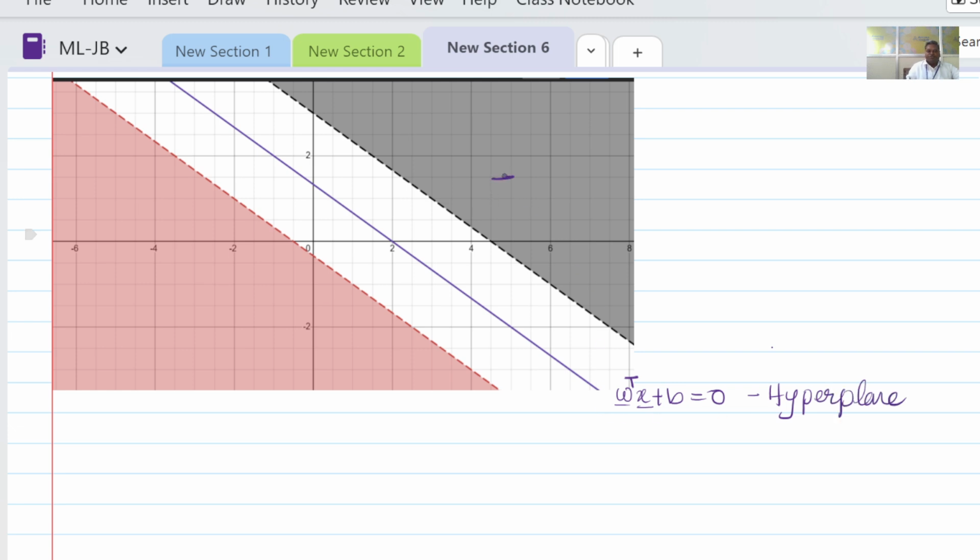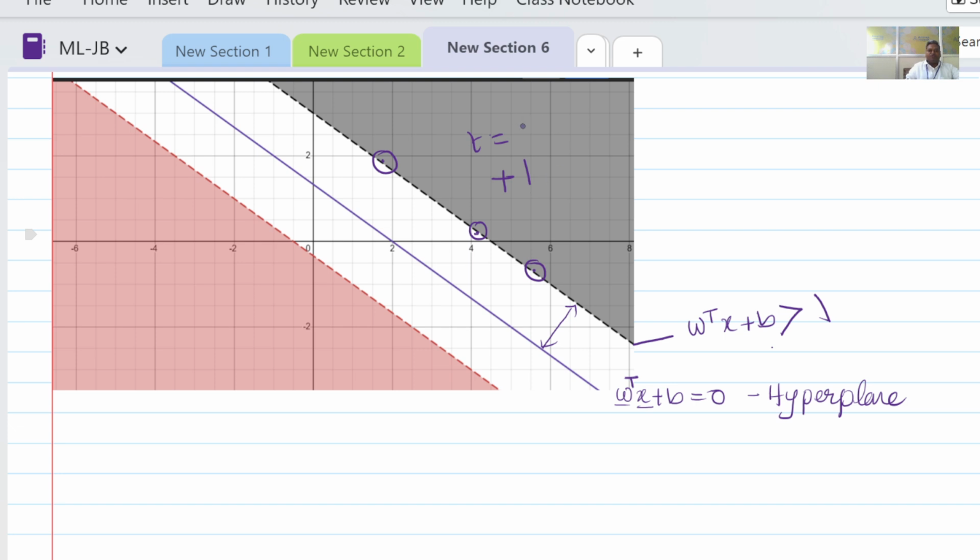And let us say all these are plus 1 classes. That means the label is plus 1, the target value is plus 1. This border on which there are support vectors, these are all support vectors, and this we call the margin. So this equation is W transpose into x plus b is greater than or equal to plus 1.